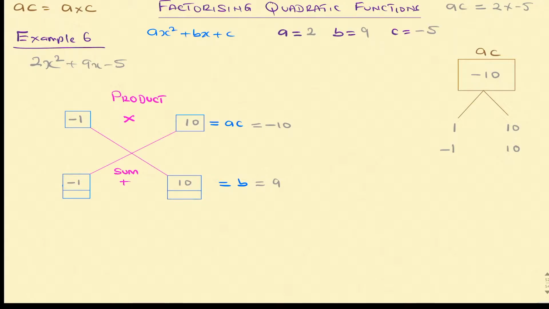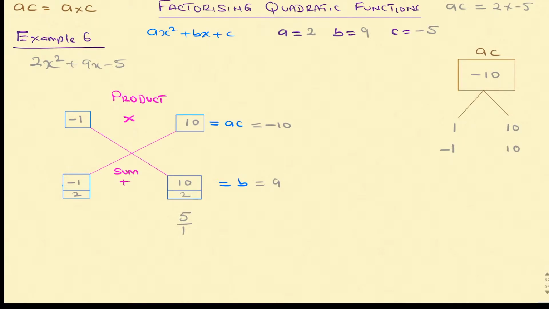Now we need to divide the bottom boxes by a, and a equals 2 in this case. So the denominator of the bottom box will be 2 and 2. Again, we can see we can simplify one of them, which is 10 and 2. So yes, we can do that, and then we get 5 and 1.